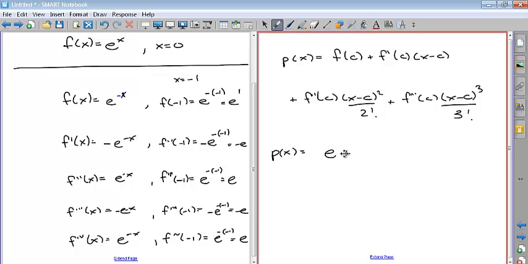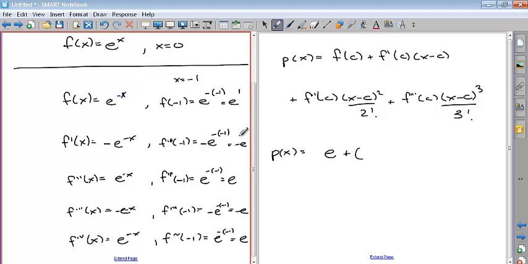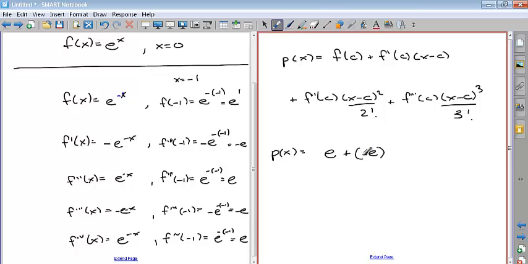Then you add f prime of c. f prime, single prime, is negative e, so you get negative e times x minus 1. c is the x value, and f prime of c is the value of the first derivative. Then the next term is f double prime of c, which is positive e, times x minus 1 squared over 2 factorial.